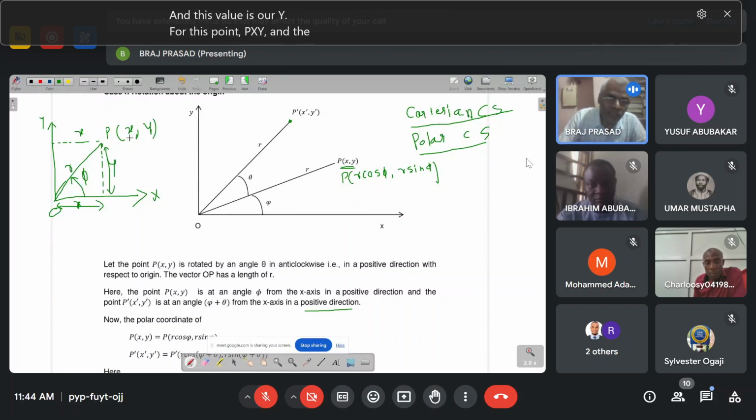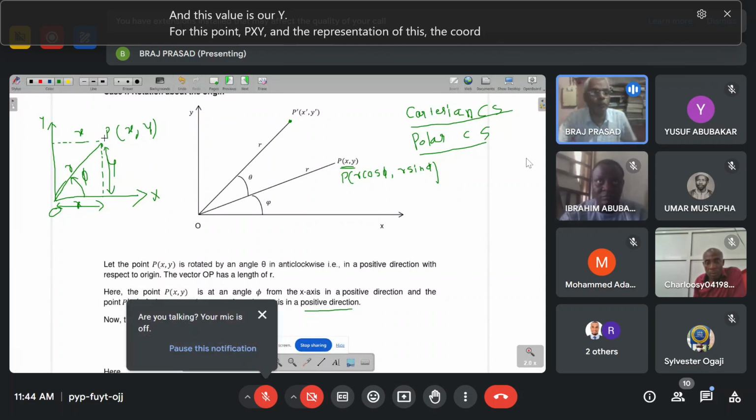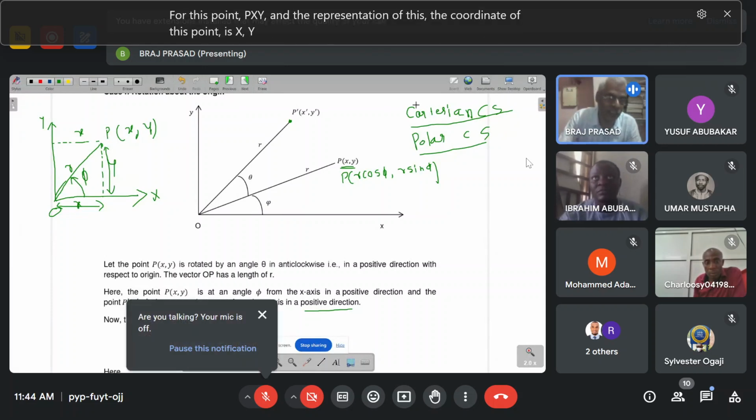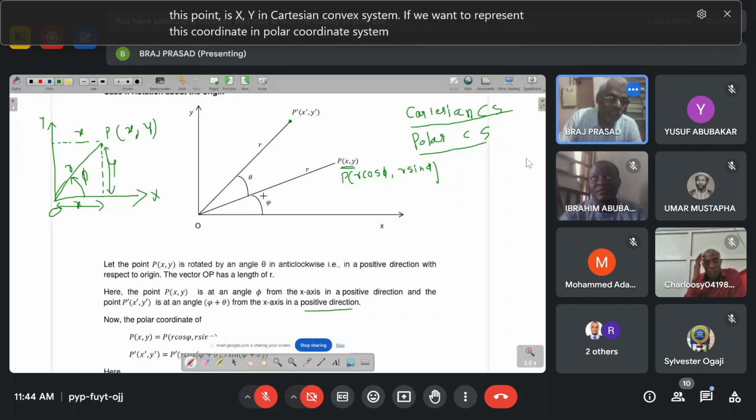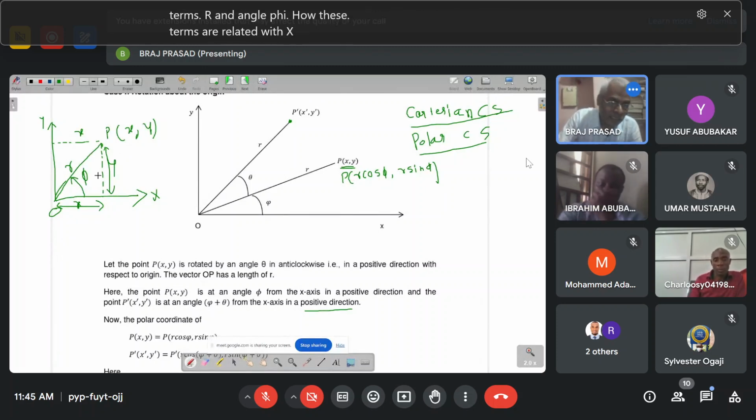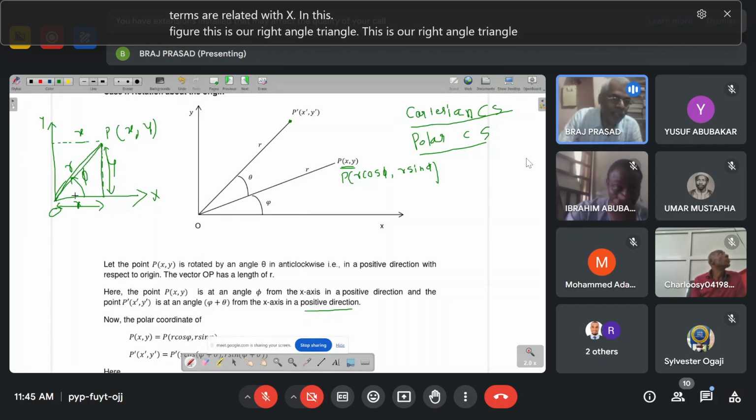The coordinate of this point is xy in the Cartesian coordinate system. If we want to represent this coordinate in the polar coordinate system, then we will use these two terms, r and angle phi. How are these terms related to x? In this figure, this is our right angle triangle, this angle is 90 degrees, and this angle is phi.